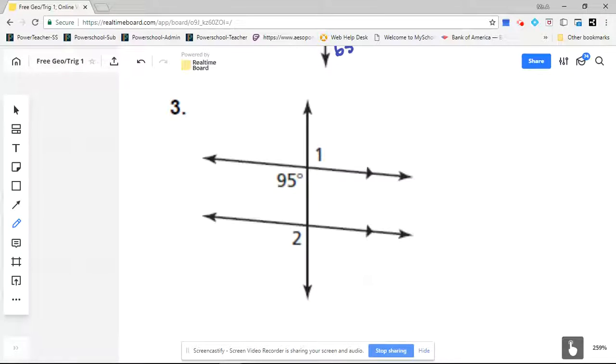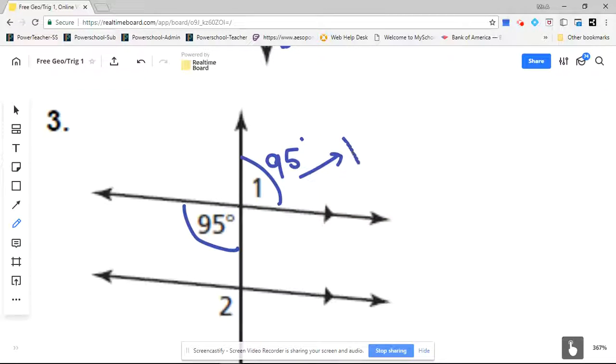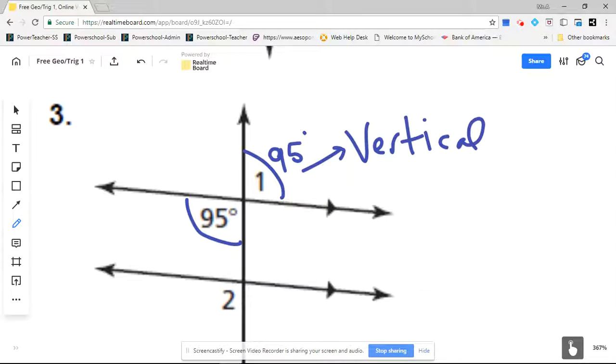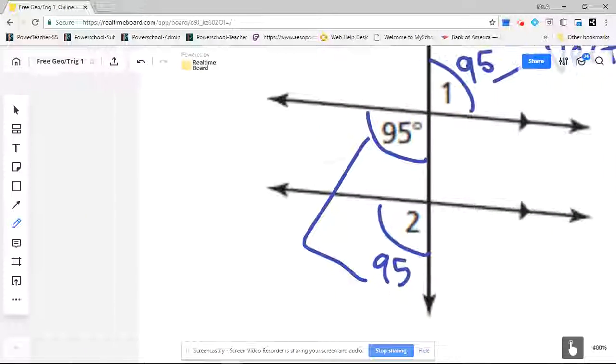Number 3, you've got 95 degrees, and angle 1 is also 95 because they're vertical. Vertical angles are always the same angle. And then 95 and 2 are going to be the same because they are corresponding.